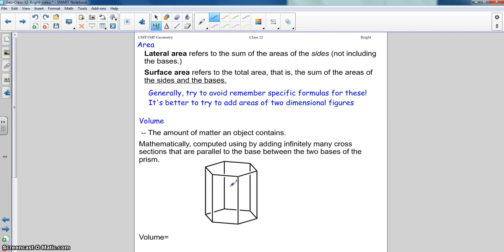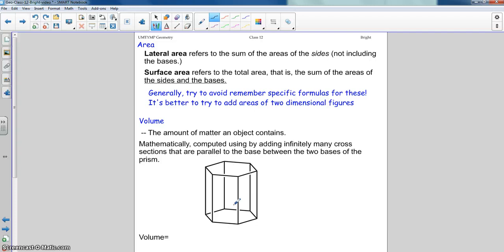Now, surface area includes the lateral area, but it's also the sum of the areas of the bases. Okay. Now, generally your book does exactly the opposite of this. I think the best skill is actually to not remember specific formulas for surface area or lateral area for prisms, at least.